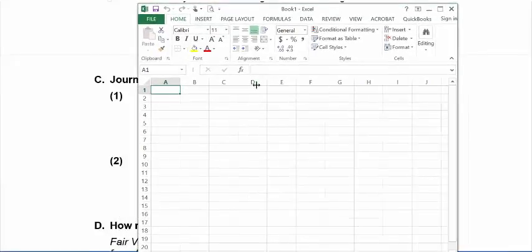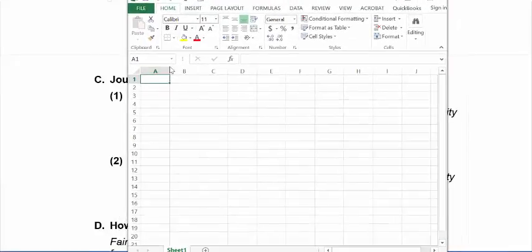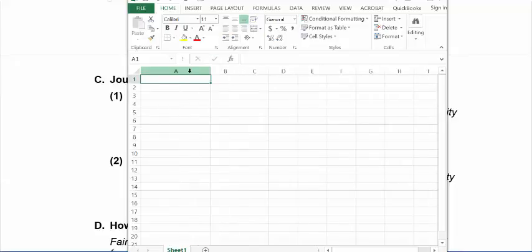the security itself, the name, the fair market value, the cost, and the unrealized gain or loss.